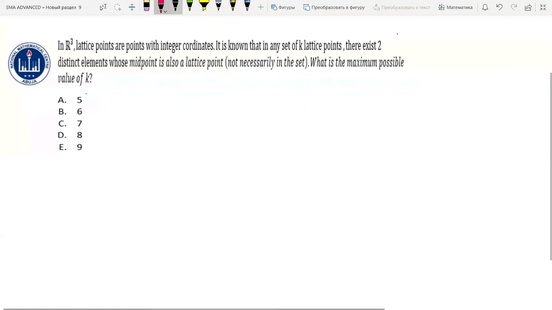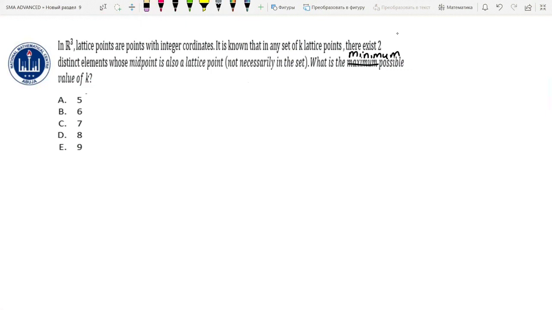But I think there's a problem in the question. I think this maximum is meant to be replaced with minimum, because that is the only extremum that makes sense. For example, if given any set of 100 lattice points satisfies it, then any number of lattice points bigger than that is also going to work.